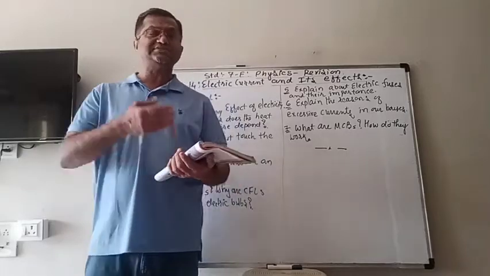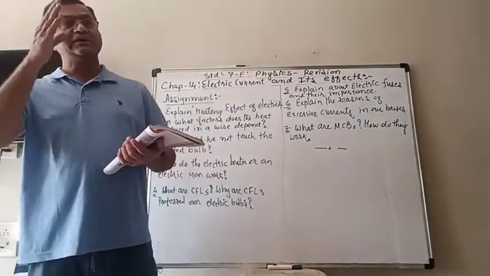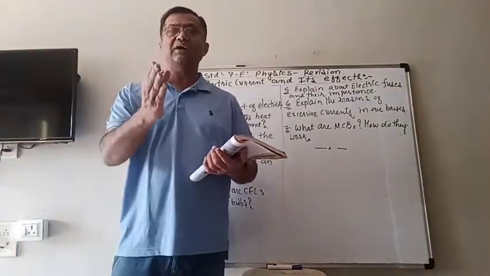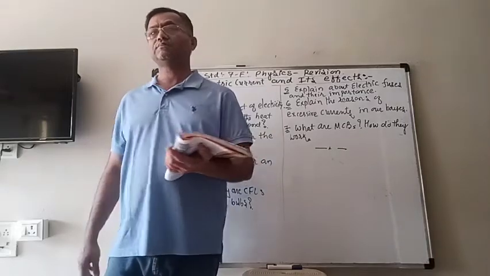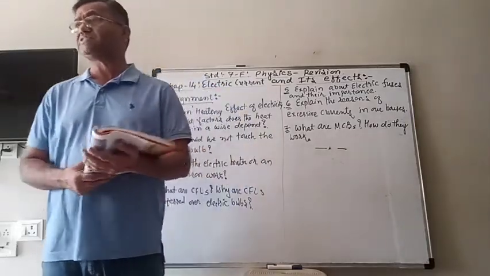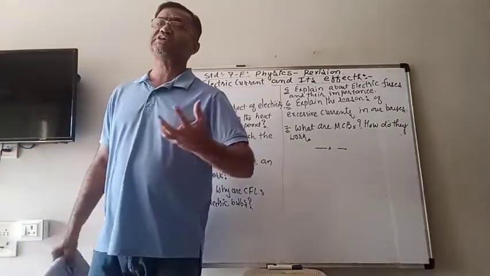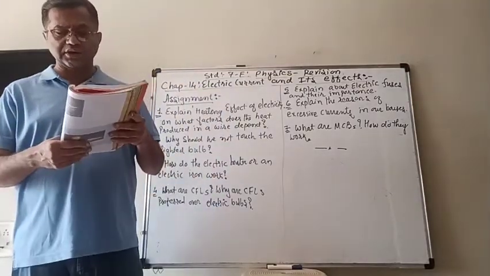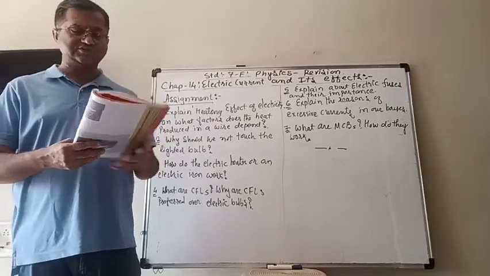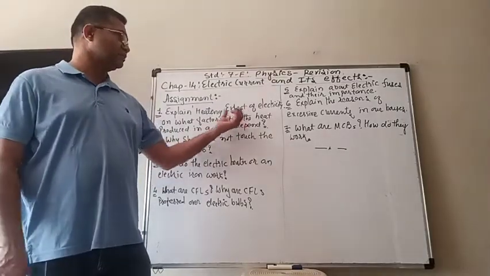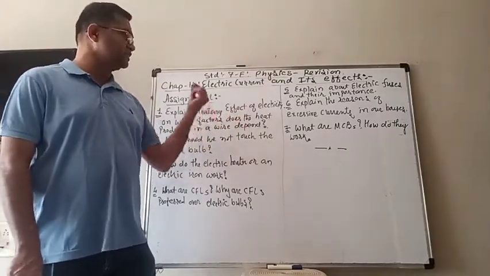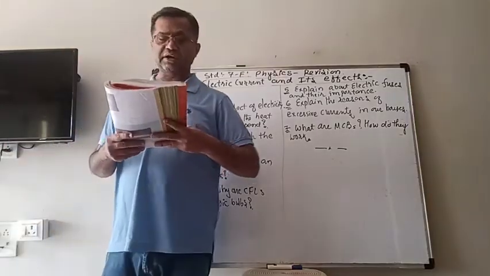So the hot plates, the electric iron, electric toaster, oven, microwave, all these appliances that we are using to produce heat are working on the heating effect of electric current.